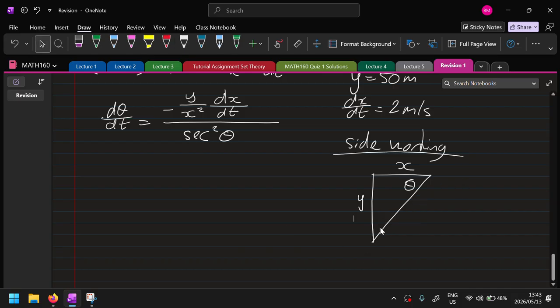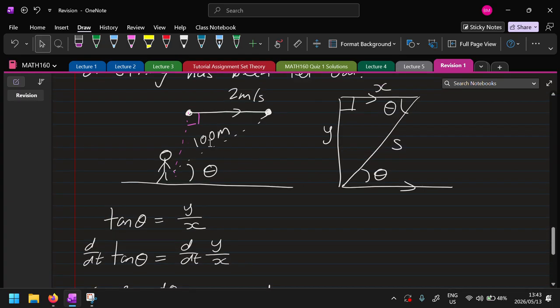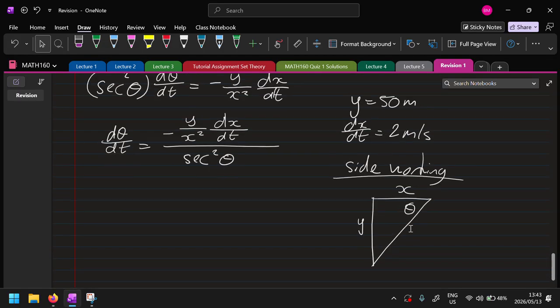Okay, what's this hypotenuse over here? That's 100. Right? Remember this. When we abstracted this to a triangle, remember that was the string. That was 100. What about this y? 50, yeah. Can we calculate x now? Yeah.